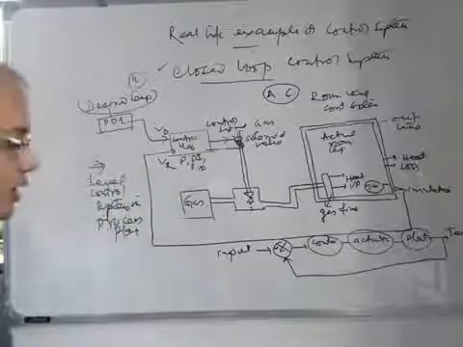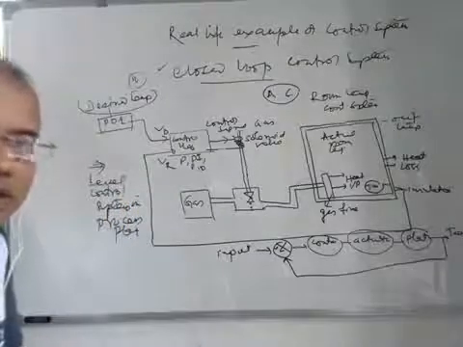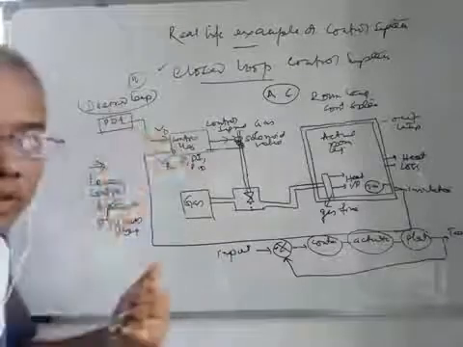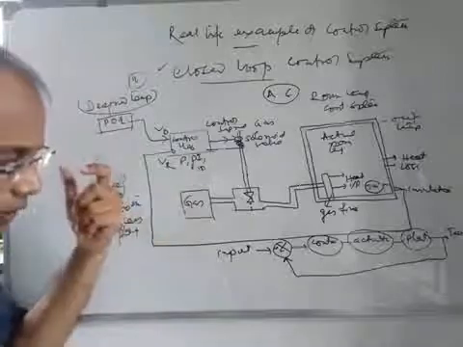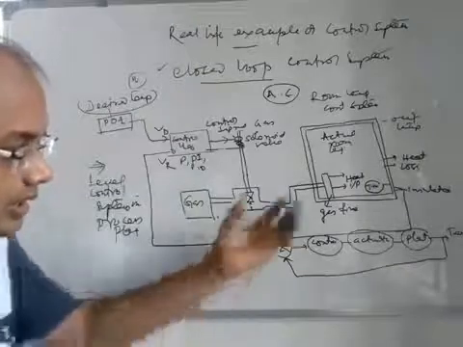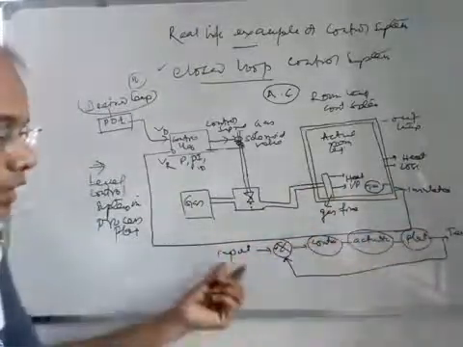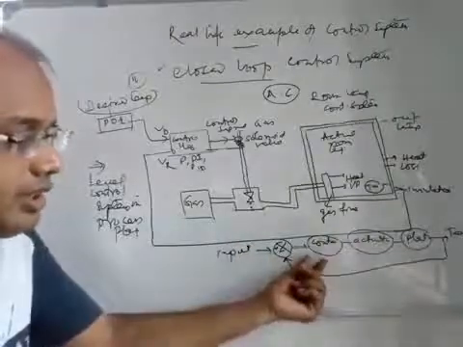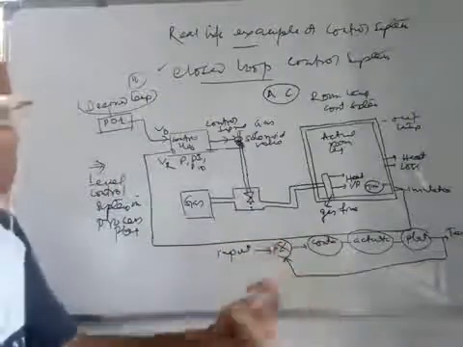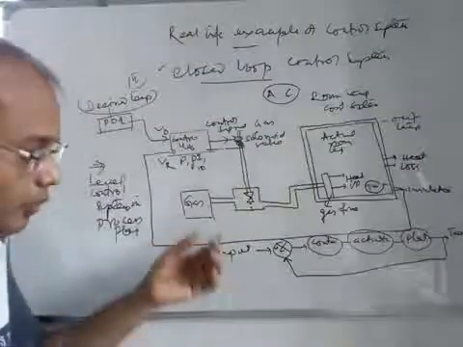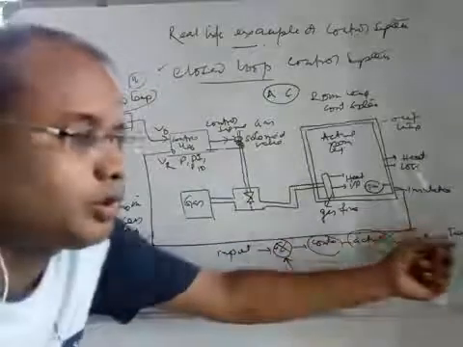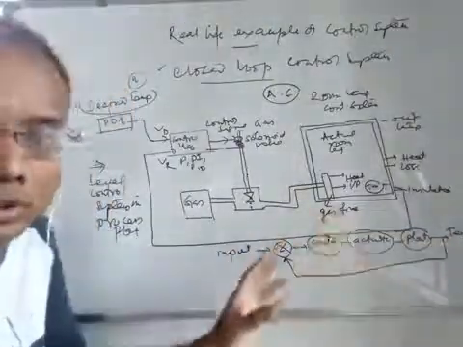You have to understand how the level control system in the process plant takes place, and write your answer in your assignment copy, so that you become habituated to the overall control system block diagram: where the input is given, how the controller takes action, and based on this action, how the actuator actuates the plant, such that you get the desired output. Whenever the input changes, accordingly you will get the output at the desired value through this closed loop control system, right?